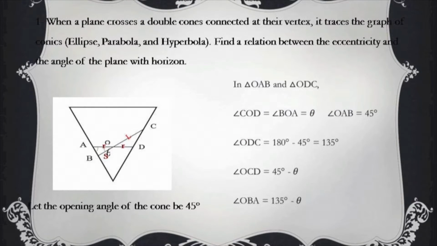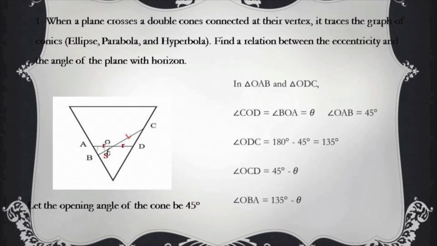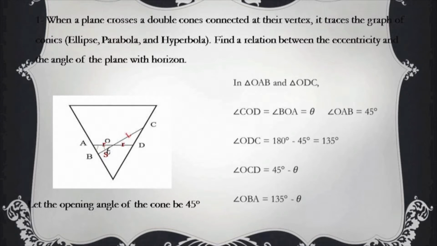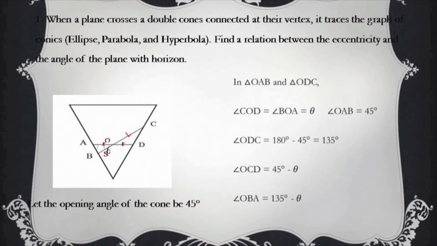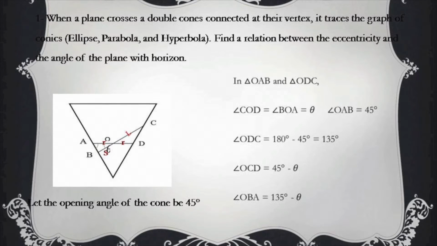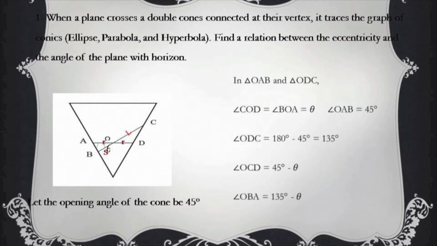So now here is the question. When a plane crosses a double cone connected at their vertex, it traces the graph of conics such as ellipse, parabola, and hyperbola. So now find a relation between the eccentricity and the angle of the plane with the horizon. So in triangle OAB and triangle ODC in this picture, we know that angle COD equals angle BOA equals theta.